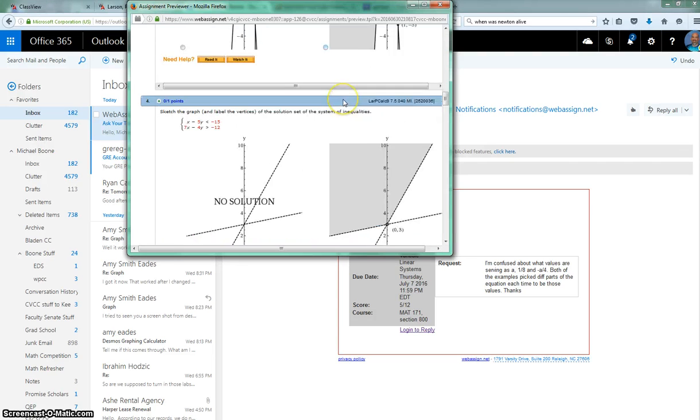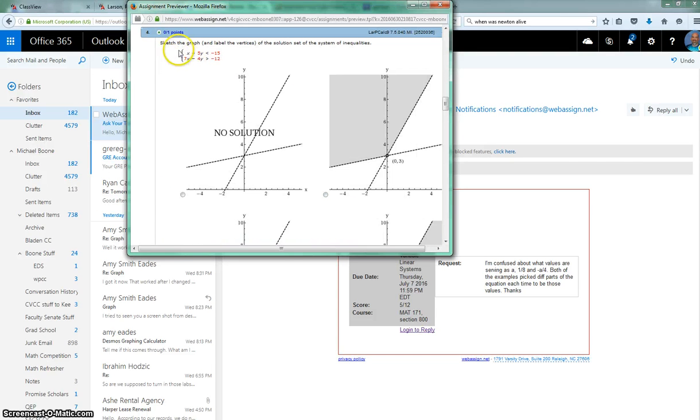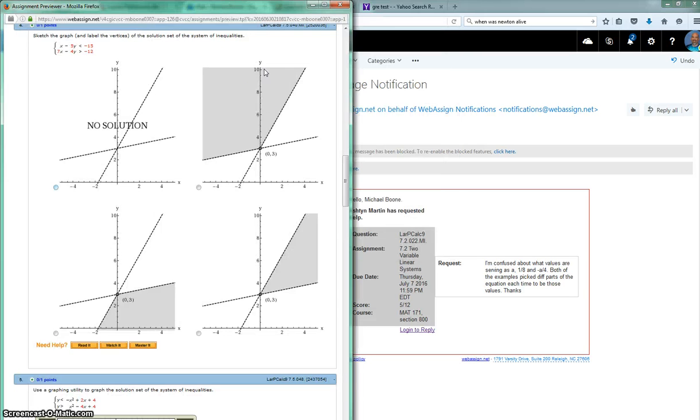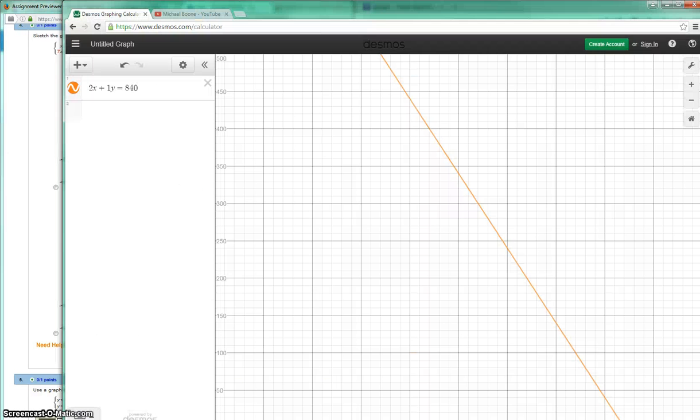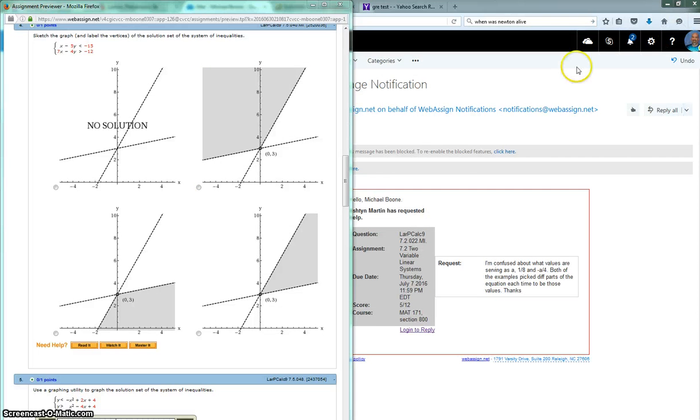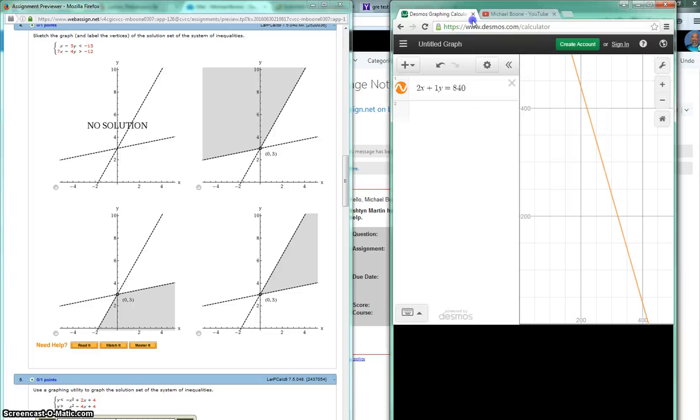And then one more. Sketch the graph of these, and you have a couple equations that you're looking at. So what I'm going to do is graph these in Desmos.